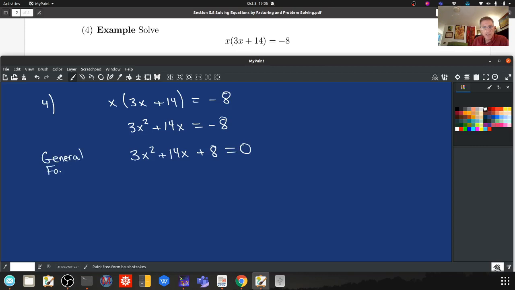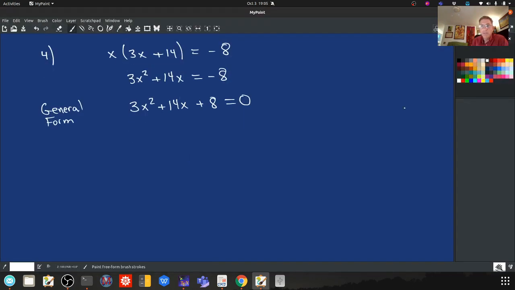And just a quick check. The GCF of all three terms is 1, because when we're talking about a trinomial and one term doesn't have an x, the only question we have to do is what is the GCF of the coefficients. 3, 14, and 8, it's 1. So there's nothing else to do simplifying that way, but we do need to factor it.